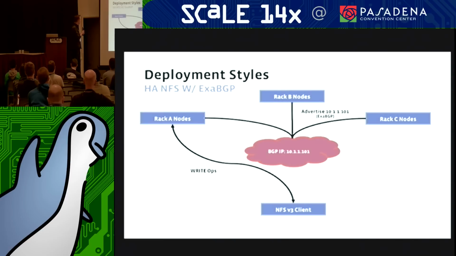This is basically borrowed from how a lot of other systems load balance. It's a very classic setup for the web servers at Facebook, and I'm sure a lot of web server systems out there. You have a bunch of machines that all advertise an address over BGP, and a load balancer directs traffic to these machines based on some sort of heartbeat to detect whether the systems are up or not.